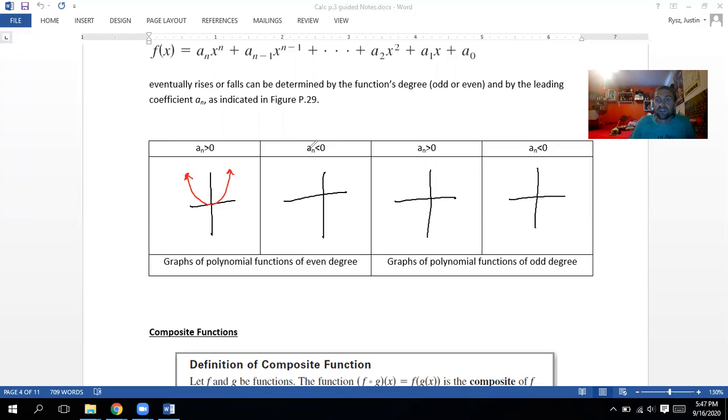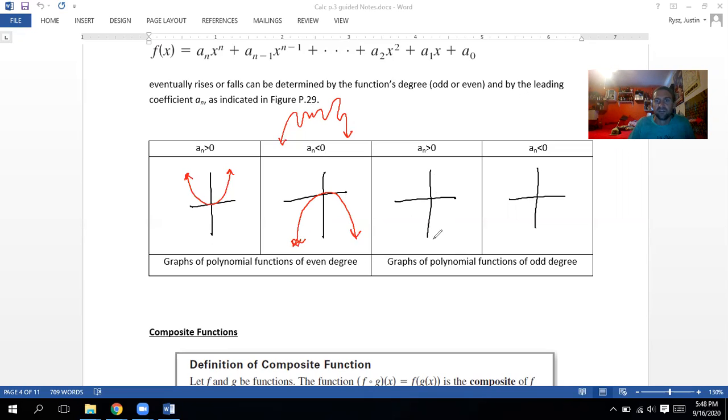Now, if a sub n, the starting number, was less than 0, so like a negative 2x squared, a negative 3x to the 18th power, something like that, it would start down low, end down low. Now, we don't know what's going on in the middle. I mean, technically, it could be like start down low, up, jump, a bunch of things down here, and then it would start down low, end down low. We just know we're talking about the starting location, starting and finishing here.